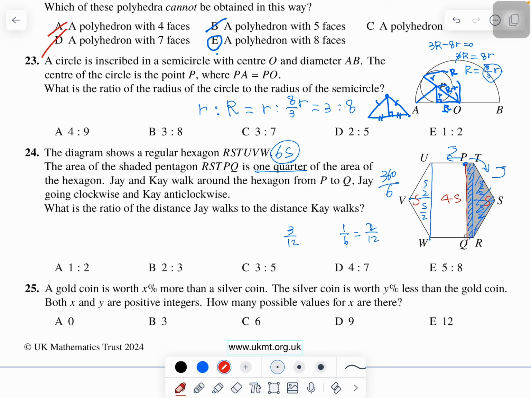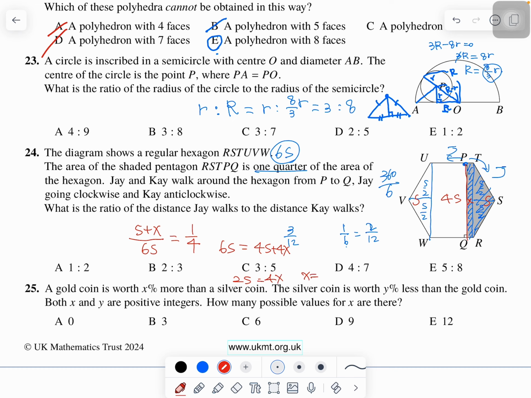So let's say, let me put it x. Then S plus x over 6S makes 1/4. So this is the equation. So 6S equals 4S plus 4x. 2S equals 4x.